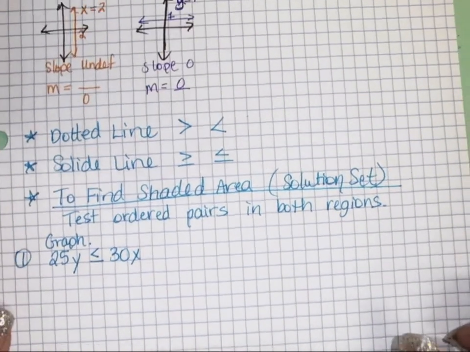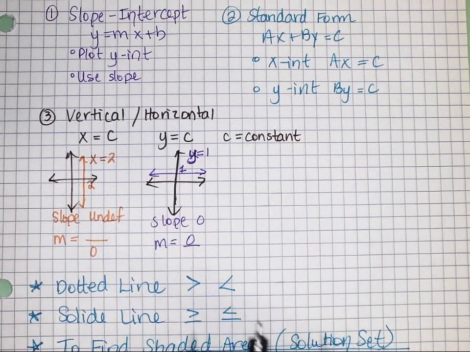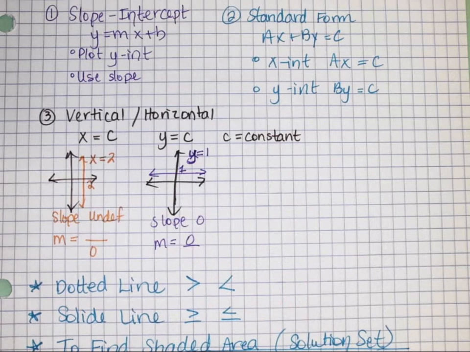Oh, I want to go back up here and make a note really quick. Vertical or horizontal. If you only have x or y given to you, like if I just have an equation or inequality that contains only x, or an equation or inequality that only contains y, you automatically know it is a horizontal or a vertical line.